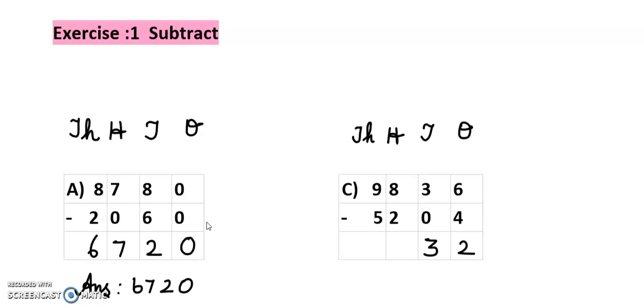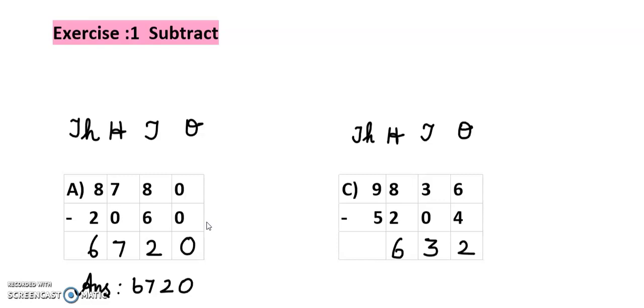Next 8 minus 2, hundreds place. So 2 after up to 8 we have to count. 2 after 3, 4, 5, 6, 7, 8. So what is the answer? 6. Next 9 minus 5. Listen children, if it is greater number we can subtract. Okay. So from the greater number we can subtract the smaller number. If it is smaller number, what we have to do?